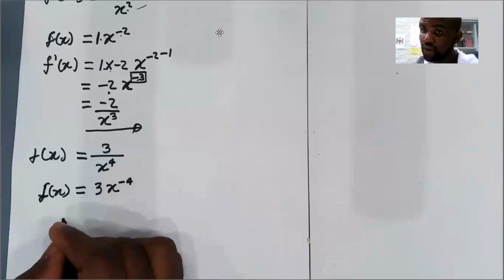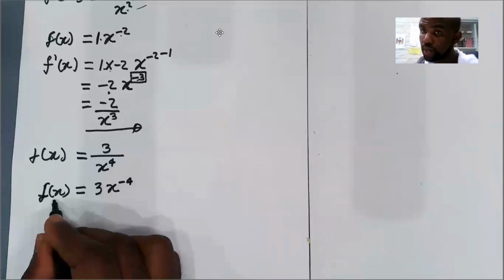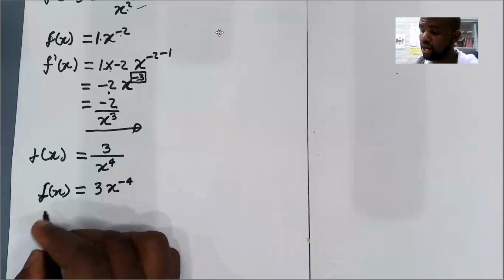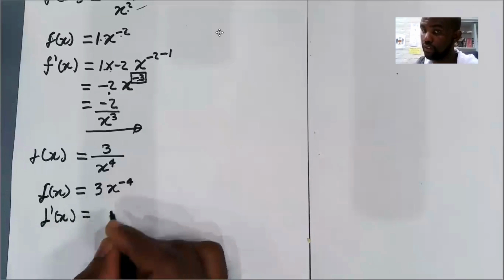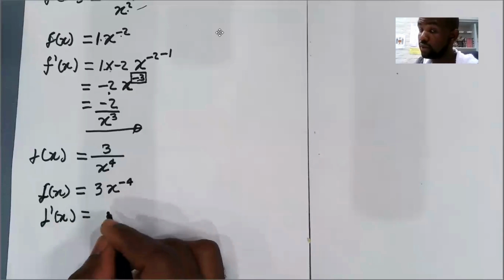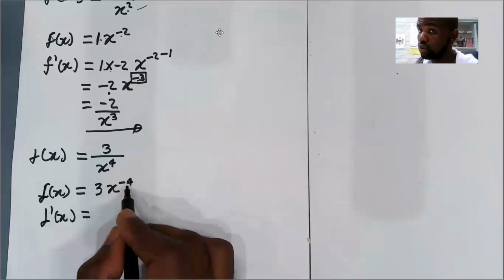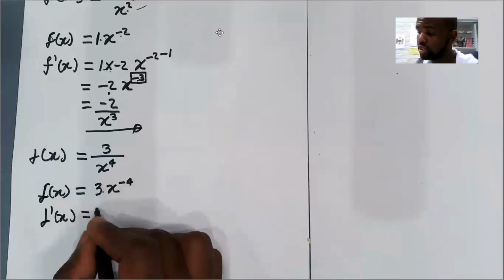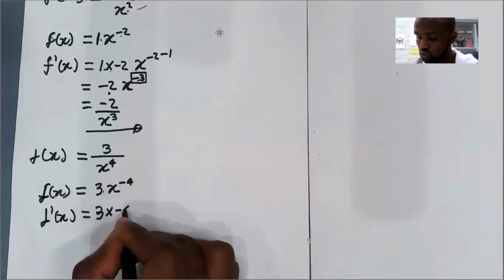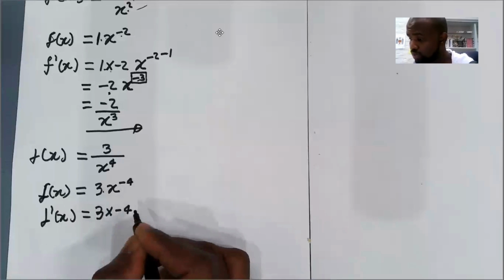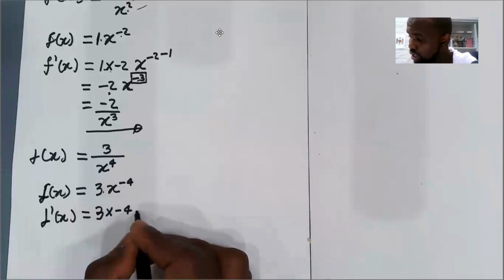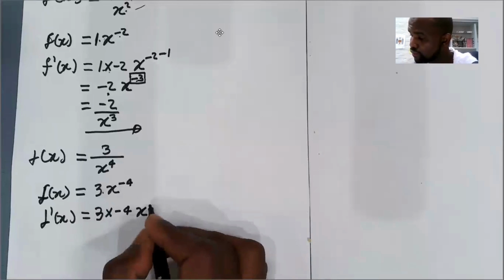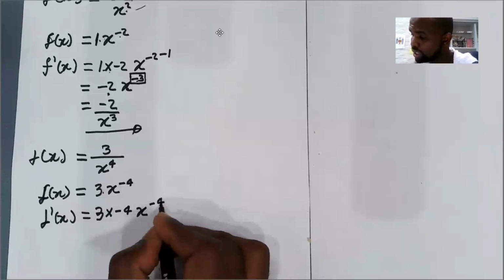Once we derive, it's no longer f at x, it's going to be f prime of x. So f prime of x. Then now let's derive. Our rule is the coefficient times the exponent that we have here. So it's going to be 3 times negative 4, and then x to the negative 4 minus 1.